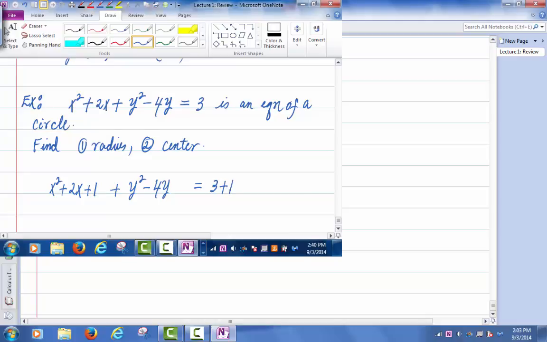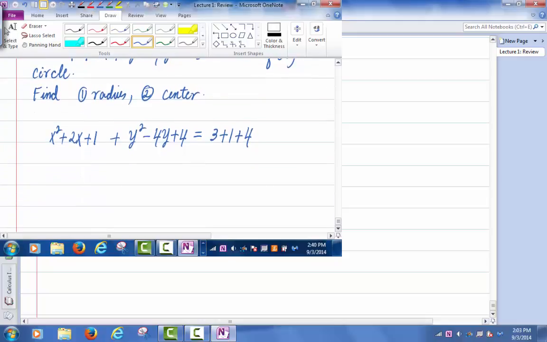Do the same thing for y. Coefficient of y is 4. I mean, it's -4, but let me say 4. And then half of that is 2. Square of that is 4. So you add 4 on both sides. Is that making sense? Now, all you have to do is factor out these three terms and factor out these three terms.